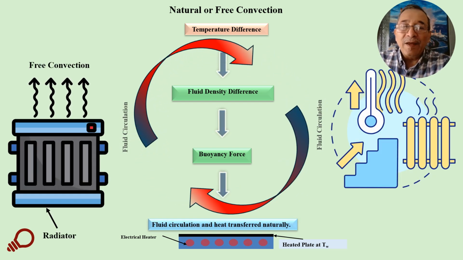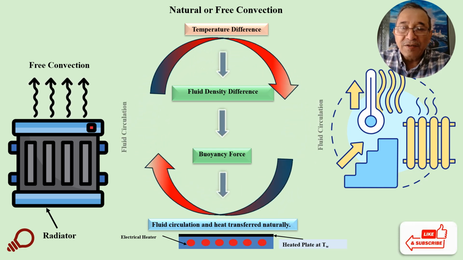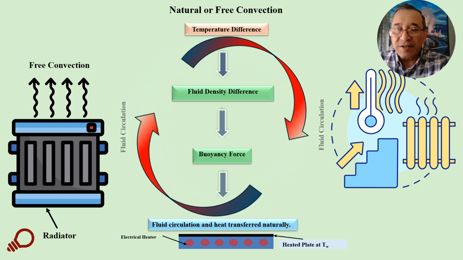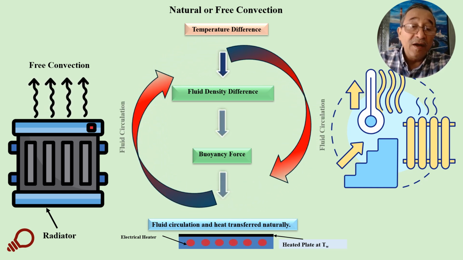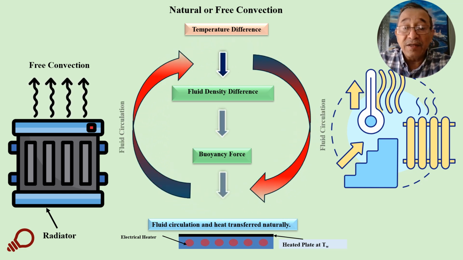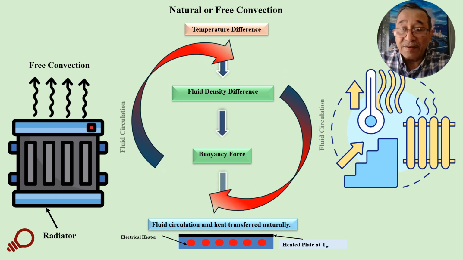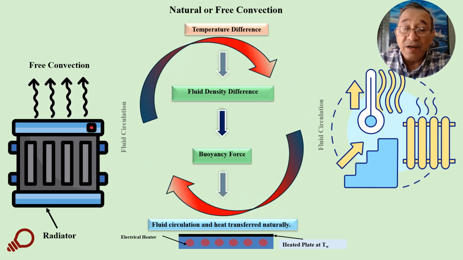So the hot fluid rises up and is replaced by a cold one, and so on. The circulation of fluid will convey heat from the heating element to the fluid. And we can see here the radiators. How do they work? It is mainly free convection.